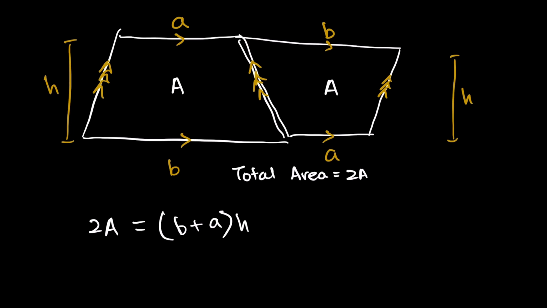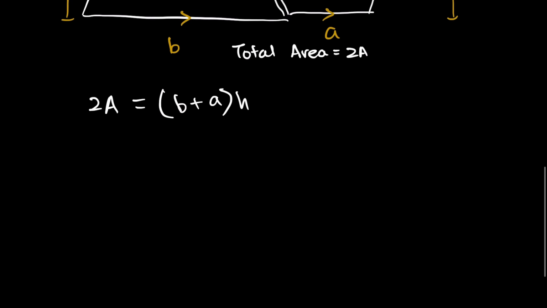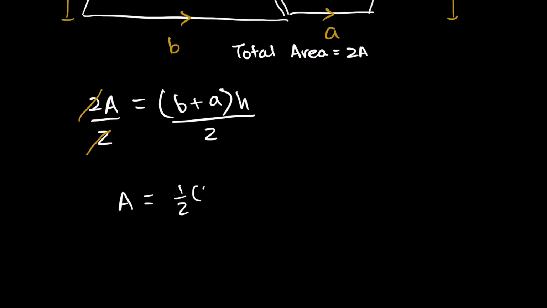But we're not done yet because we found the area of the big parallelogram, but our original trapezium was just half of that. So what we have to do now is divide both sides of this equation by 2. By dividing by 2, we cancel out the 2 over there, and we are left with the area of the trapezium, which is simply half of b plus a times h.